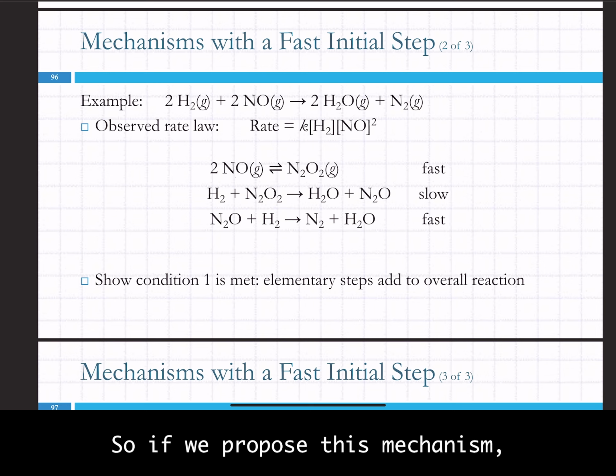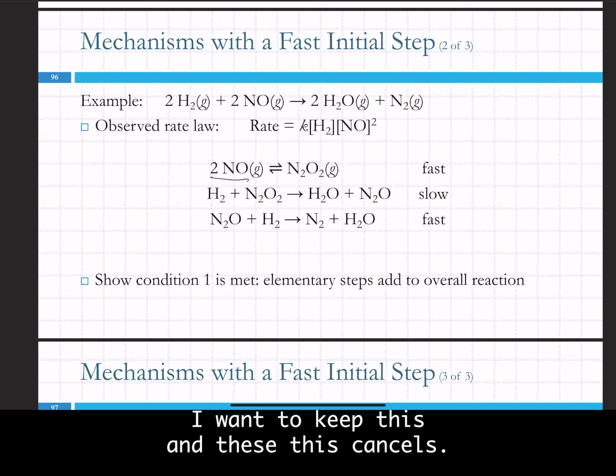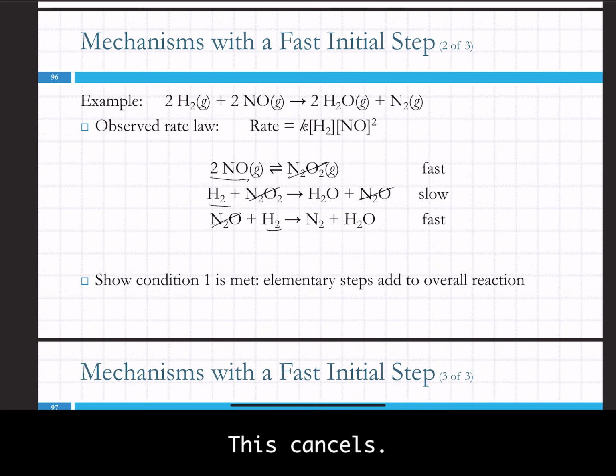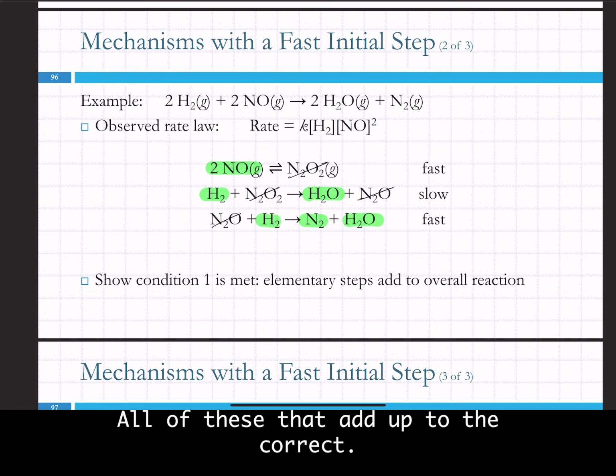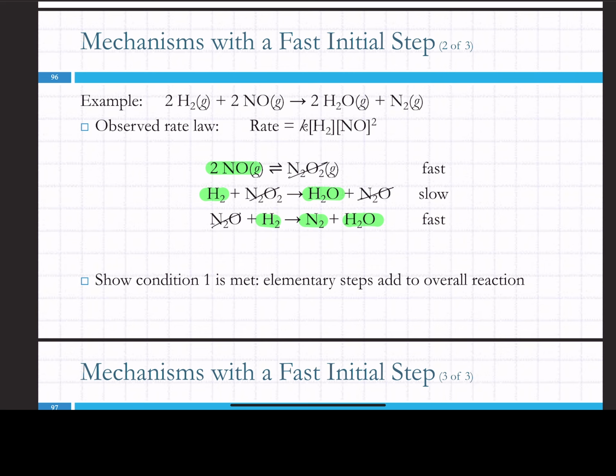So if we propose this mechanism, I want to keep this and these. This cancels, and so I get all of these that add up to the correct reaction.